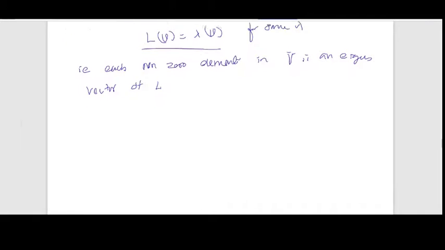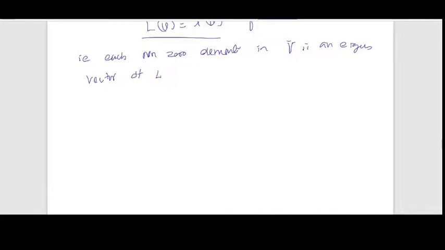Okay, now choose v belonging to capital V such that mod v equal to 1.